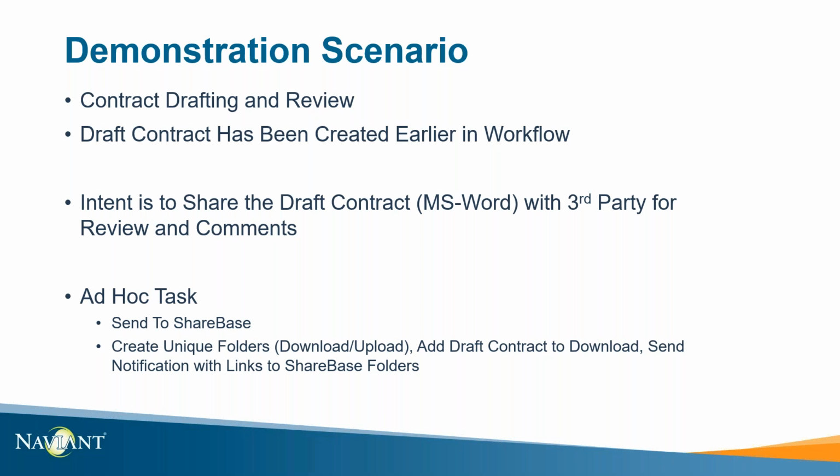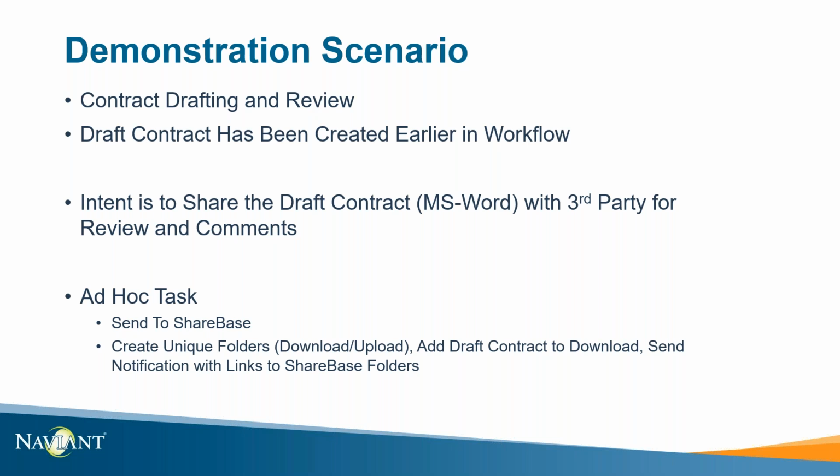So I have a workflow already created where we're talking about drafting contracts, and I need to take that draft contract out, get it to the third party, allow them to review that information, allow them to potentially make some modifications to that document, and that's going to be actually shared as a Microsoft Word document, and allow them to comment, and I want to bring those documents back into OnBase after they've actually made those changes.